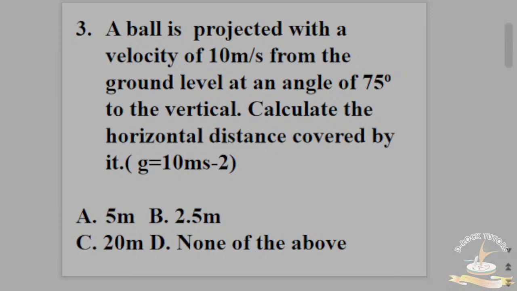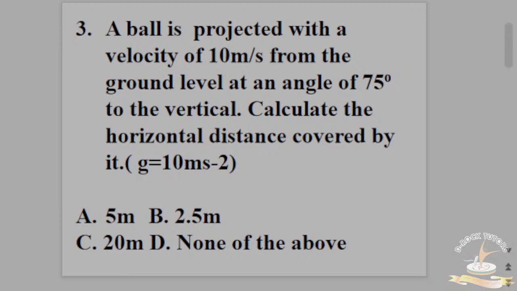So if you substitute the various parameters we are given, the initial speed is 10, square of 10 is 100, times sine of 2 times theta. 2 times 15 will give us sine 30 degrees, all over g, that's 10.